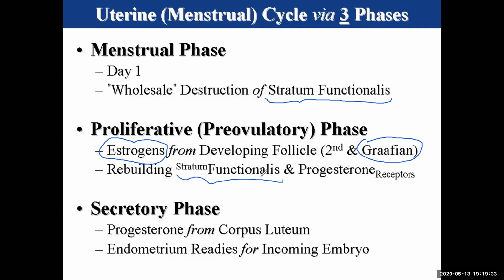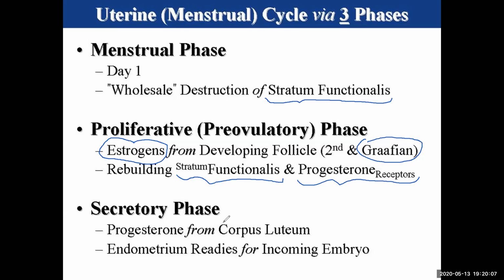So the stratum basalis in the wall of the uterus rebuilds the stratum functionalis. And this also has progesterone receptors, so it responds to progesterone. The progesterone is prepping the lining of the uterus to be ready for the implantation of a future human being.